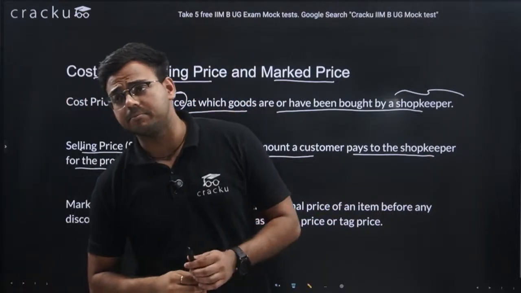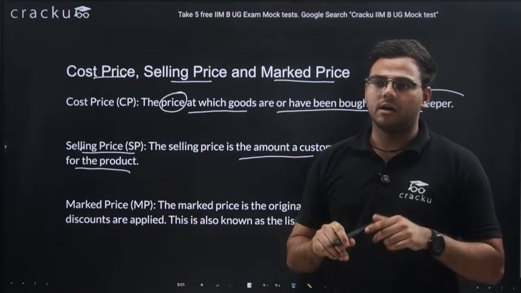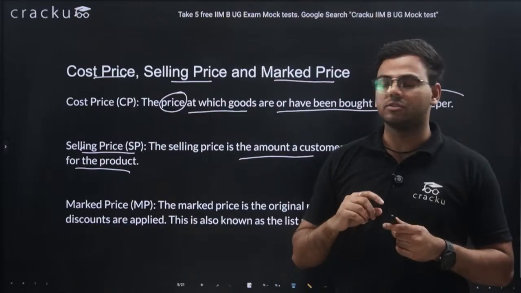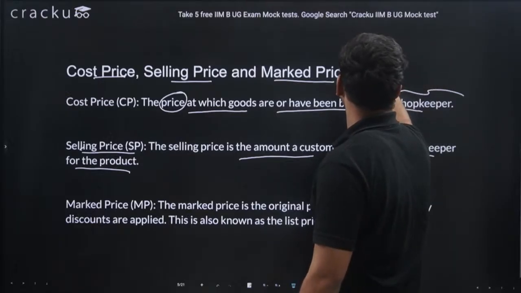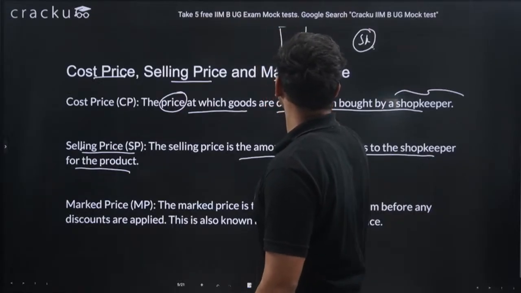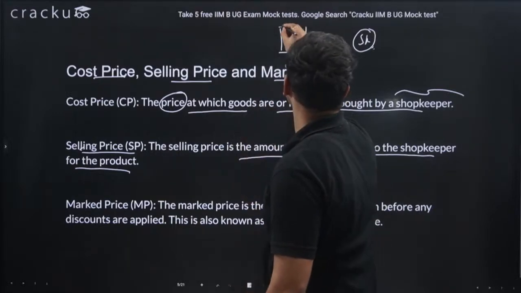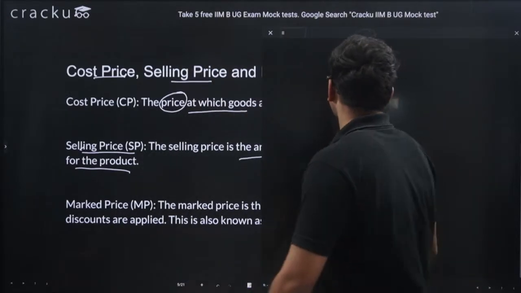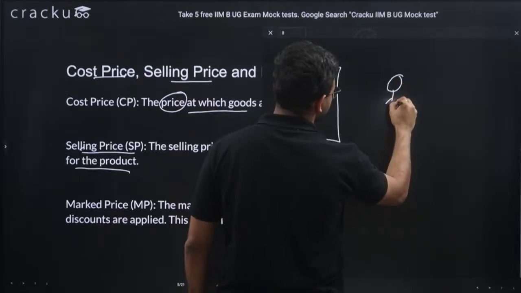So selling price is basically, let's say you are the customer now. I am the shopkeeper. The item which I got from the factory, which was, let's say, a box, I paid rupees 100. So let's say this is some industry and I am the shopkeeper here.